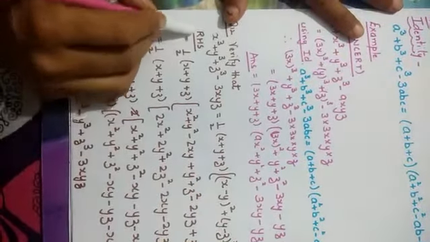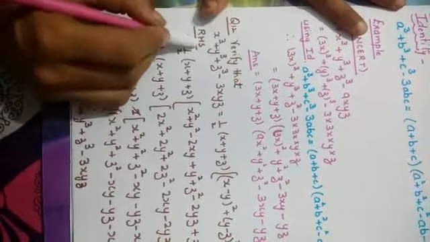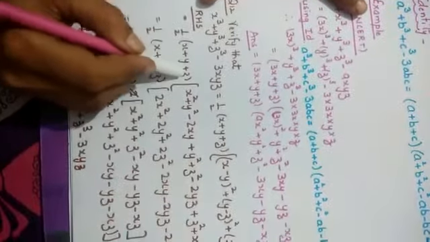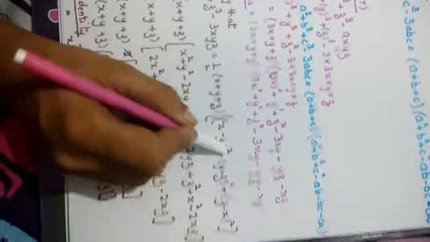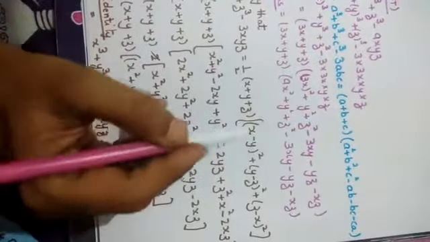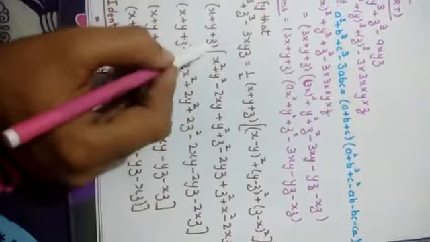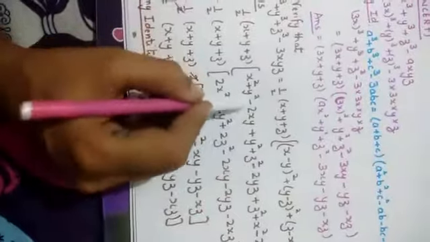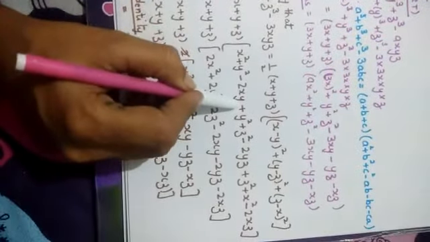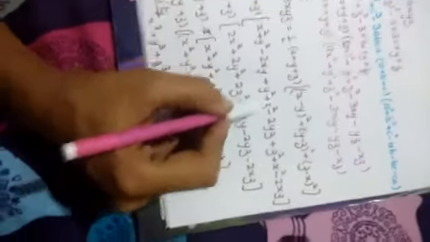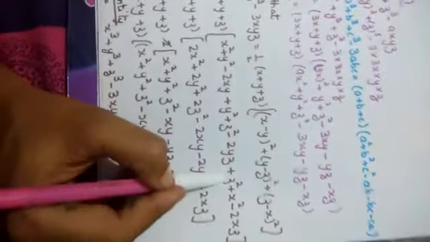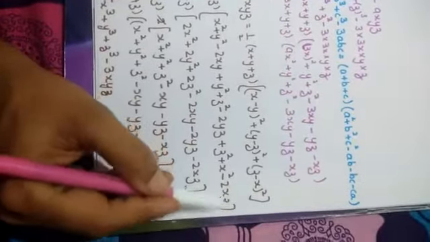So when you take the right hand side, half x plus y plus z, then open this identity x minus y whole square by using a minus b whole square, a square plus b square minus 2ab. I hope you have followed it. Then for the next bracket, a square plus b square minus 2ab. Then for the third bracket, a square plus b square minus 2ab.